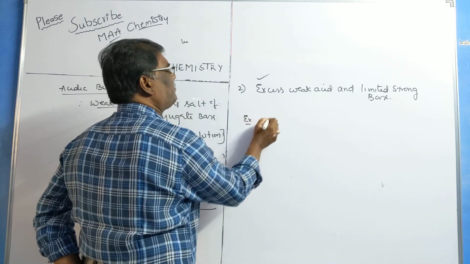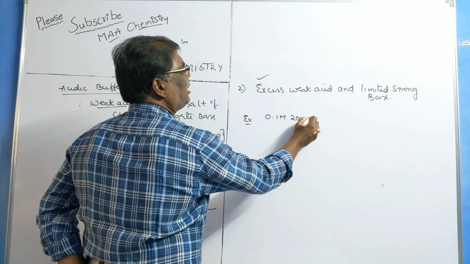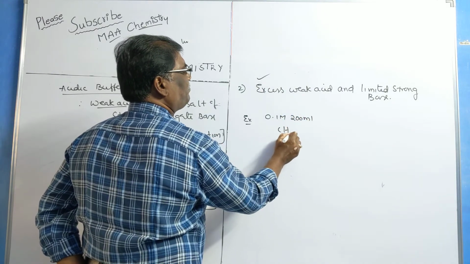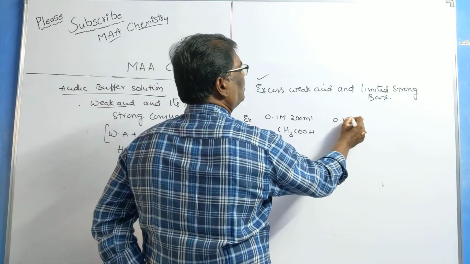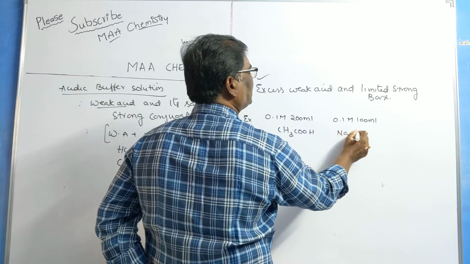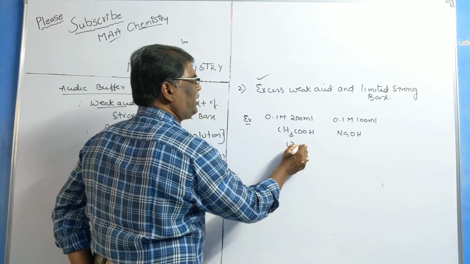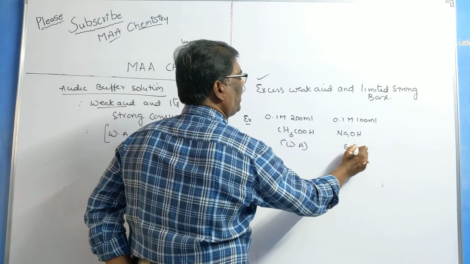For example, I am taking 200 ml of 0.1 molar acetic acid and, let us suppose, 100 ml of 0.1 molar sodium hydroxide. You know, this is a weak acid and this is a strong base.